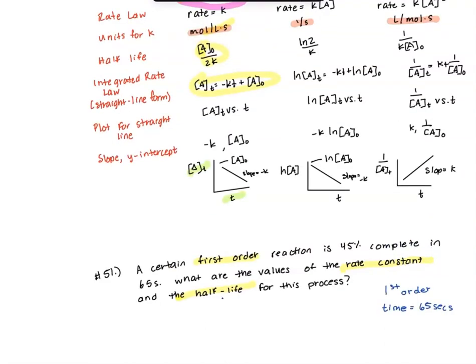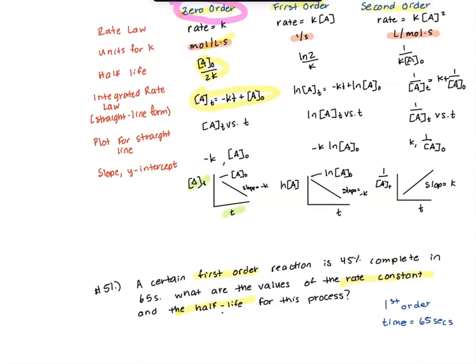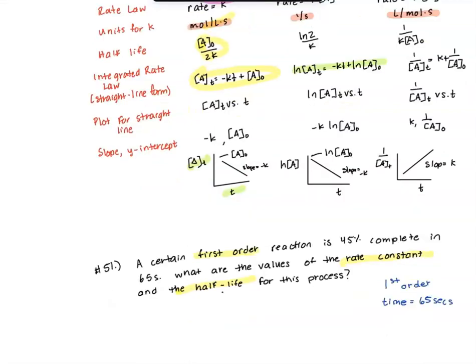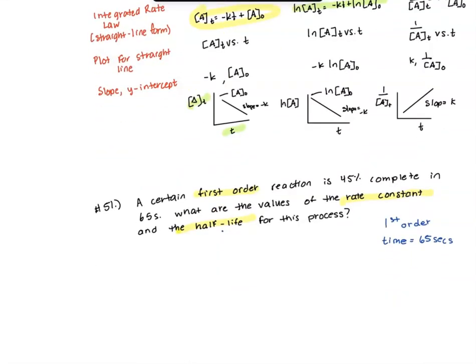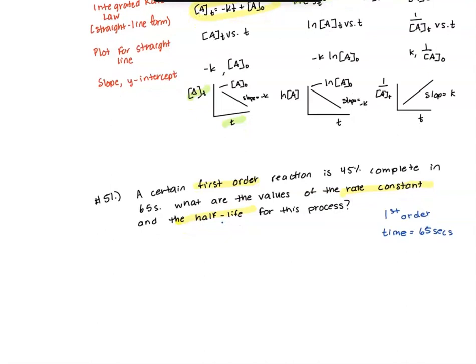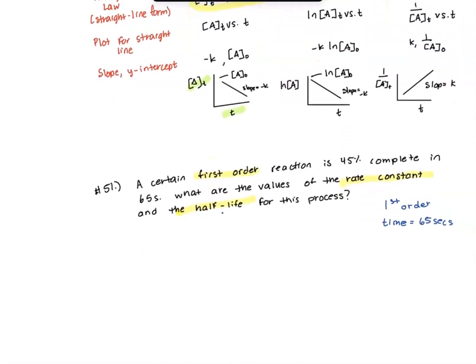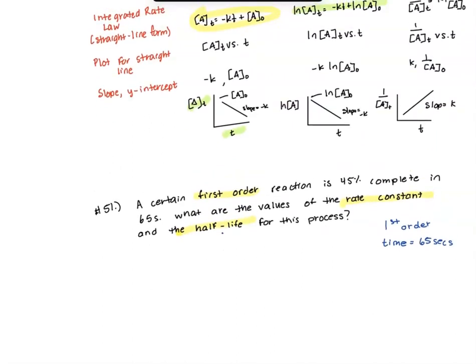And as we see here, we have our integrated rate law for our first order right here. Let me highlight that in green. So let's start by putting that integrated rate law in the problem. It'll be natural log concentration equals negative k times time plus natural log of concentration initial.